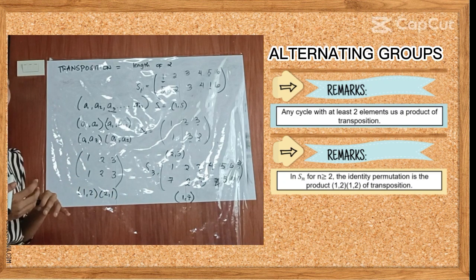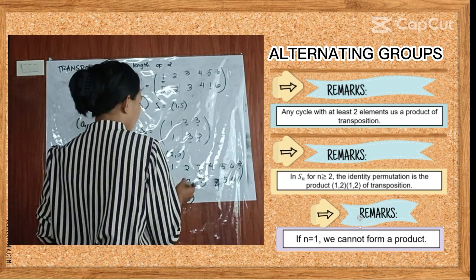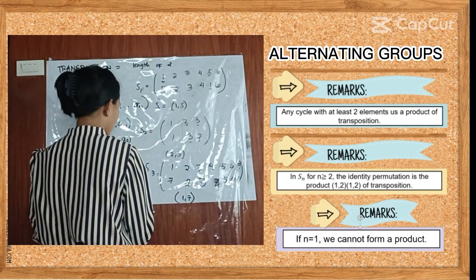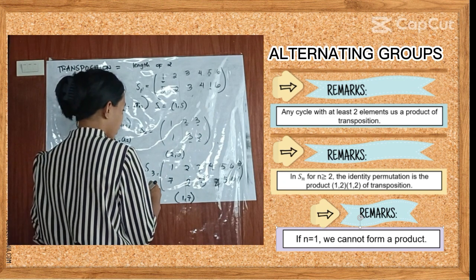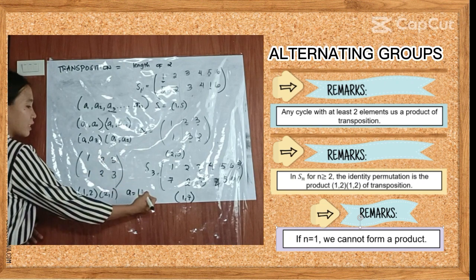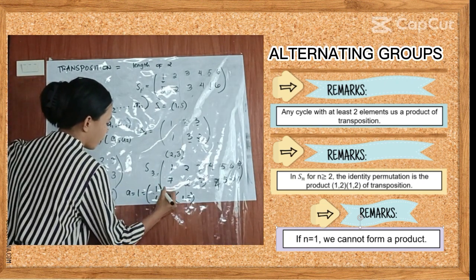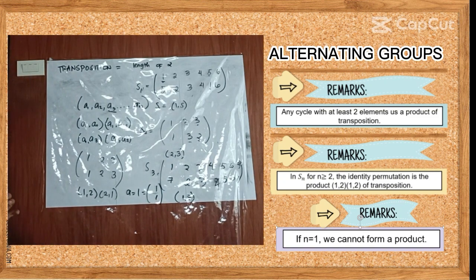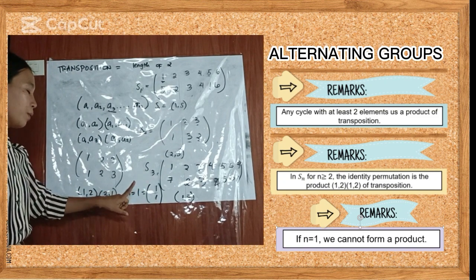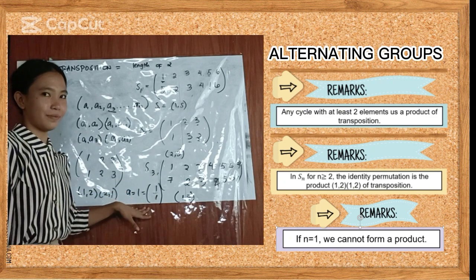The last remark is that if n is equal to 1, we cannot form a product. For example, with a single element 1, we cannot make a product out of this.